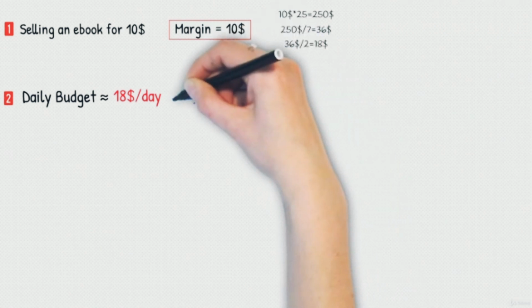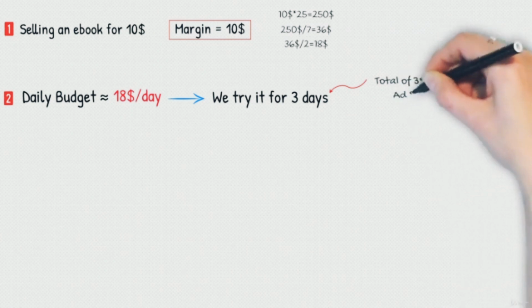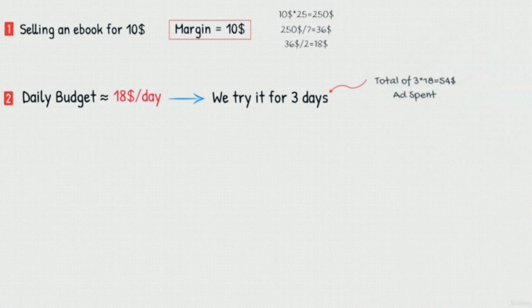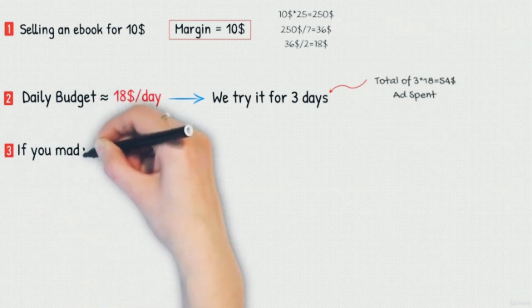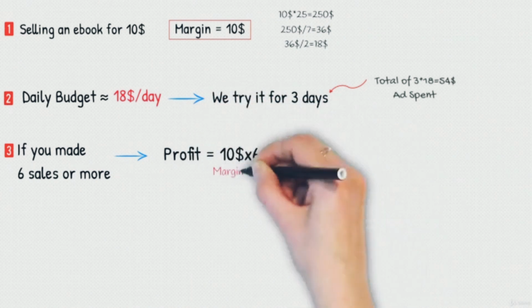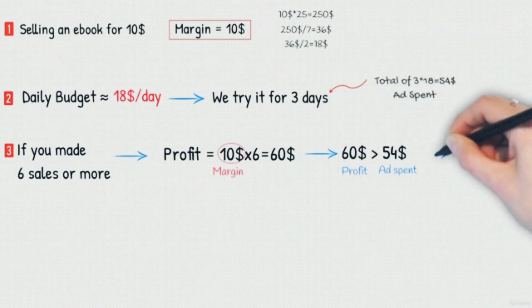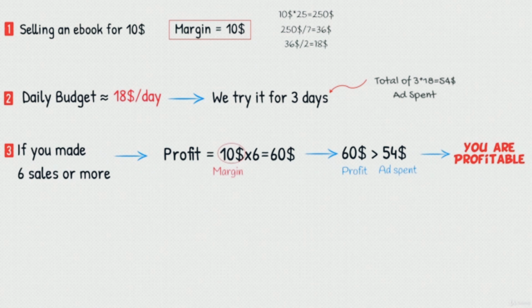We try it for 3 days, so the total of 3 by 18 equals $54 ad spend. So if you made 6 sales or more, it means you made more than $60 of sales. Since your margin is $10, it means you are profitable, since you only spent $54.